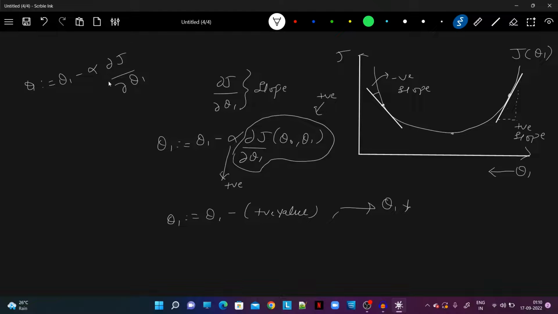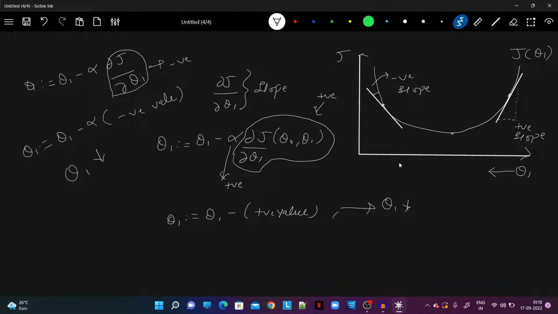This particular value would be a negative value, right? So it would be theta 1 equals theta 1 minus alpha times some negative value, so this will lead to an increase in the value of theta 1, right?